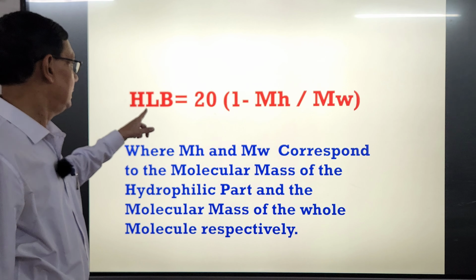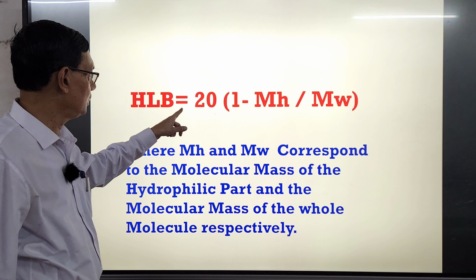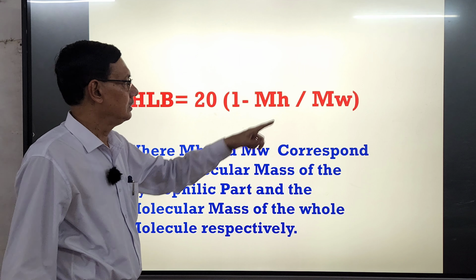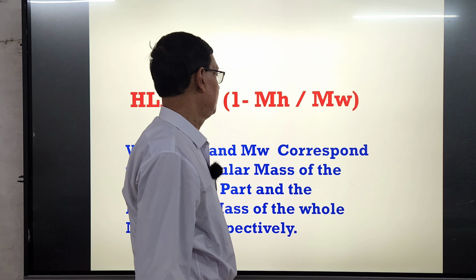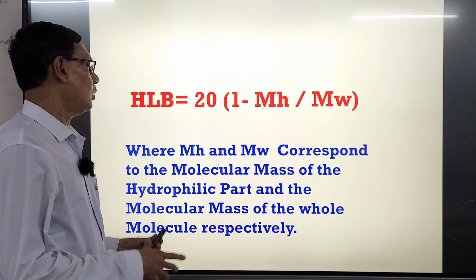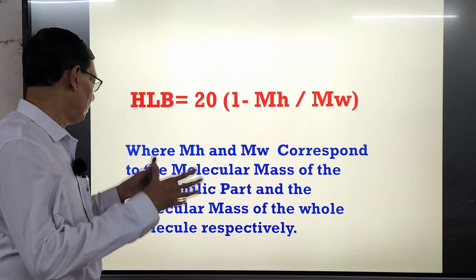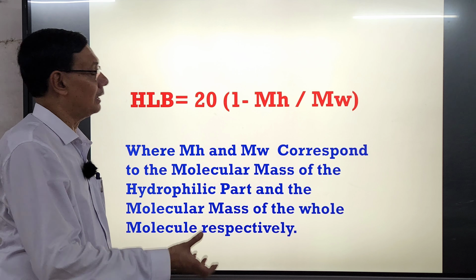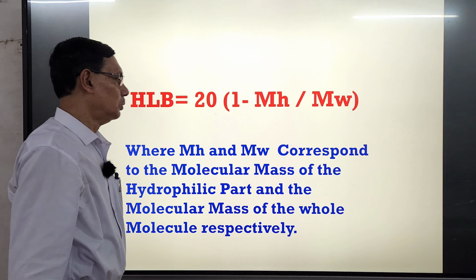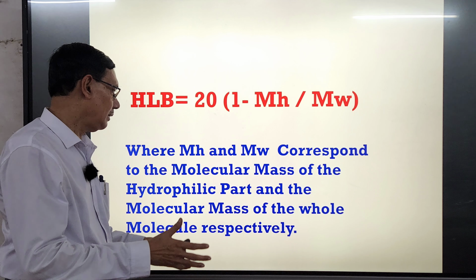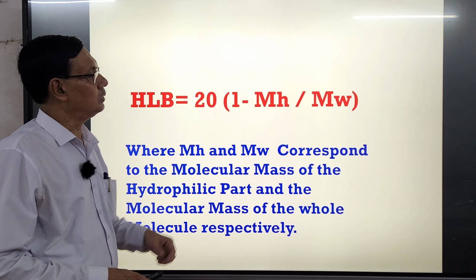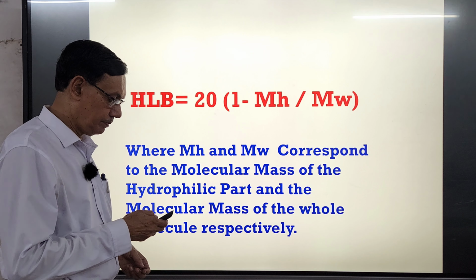Here HLB is equal to 20 times (1 minus mH divided by mW). mH is the molecular mass of the hydrophilic part, whereas mW is the molecular mass of the whole molecule. By that method also you can calculate the HLB.